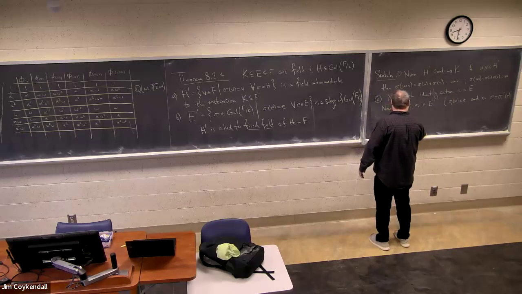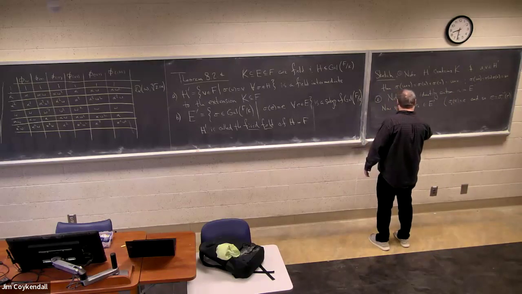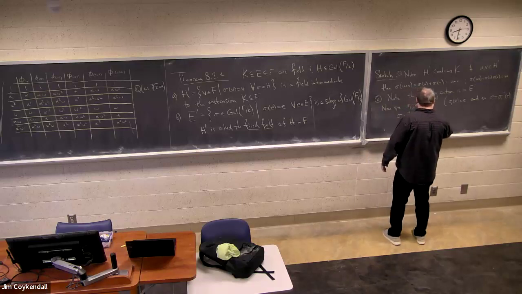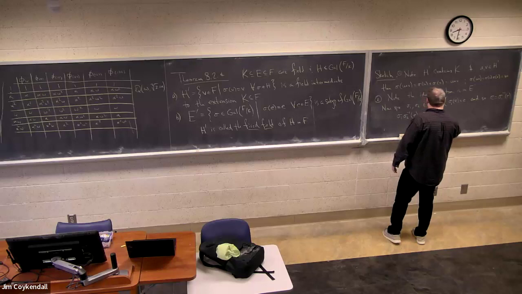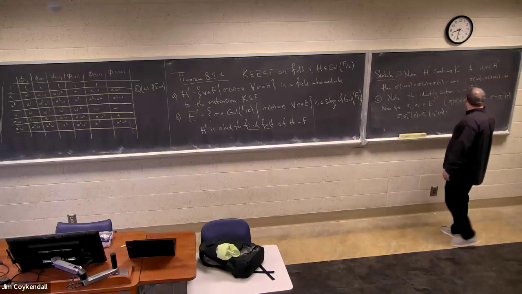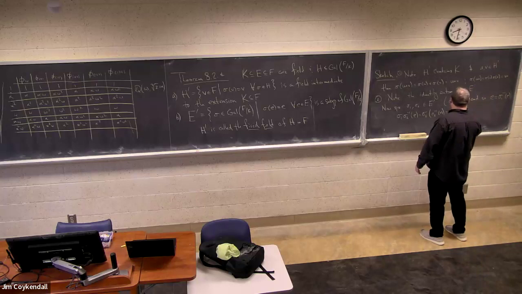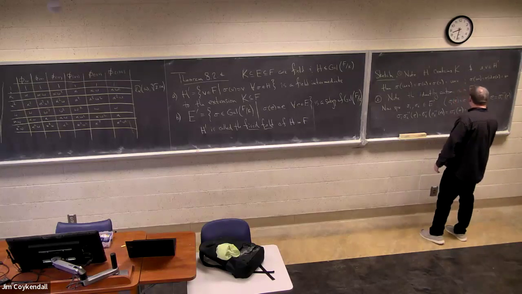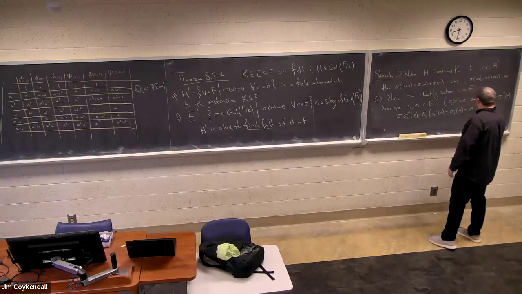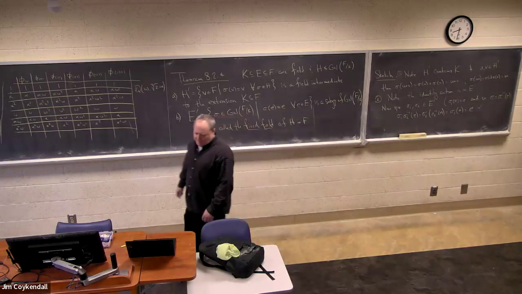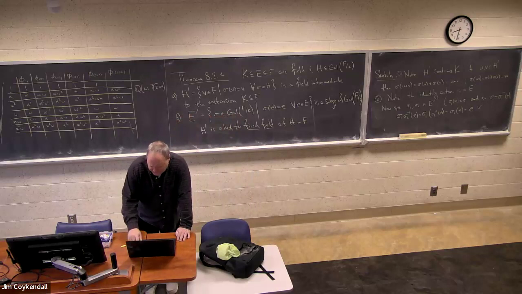Sigma 1 sigma 2 inverse of E is sigma 1 of sigma 2 inverse of E. But by this observation up here, this is E. And by the fact that sigma 1 is in E prime, this is E. And so this is a subgroup, by the subgroup criteria. Okay, any questions?